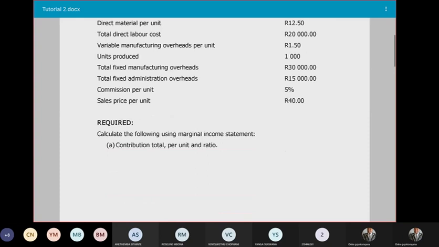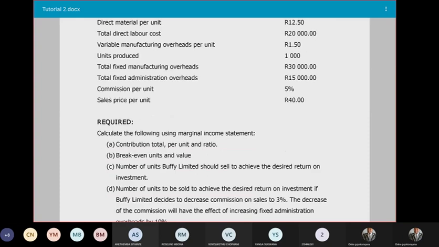This isn't the original requirement. I've just decided to add these requirements. If you check in the textbook, you'll find that the contribution is not there, but I said for our practice purposes, why not? Let's put the contribution there as part of the requirement. So A is to do the contribution total, per unit and the ratio.